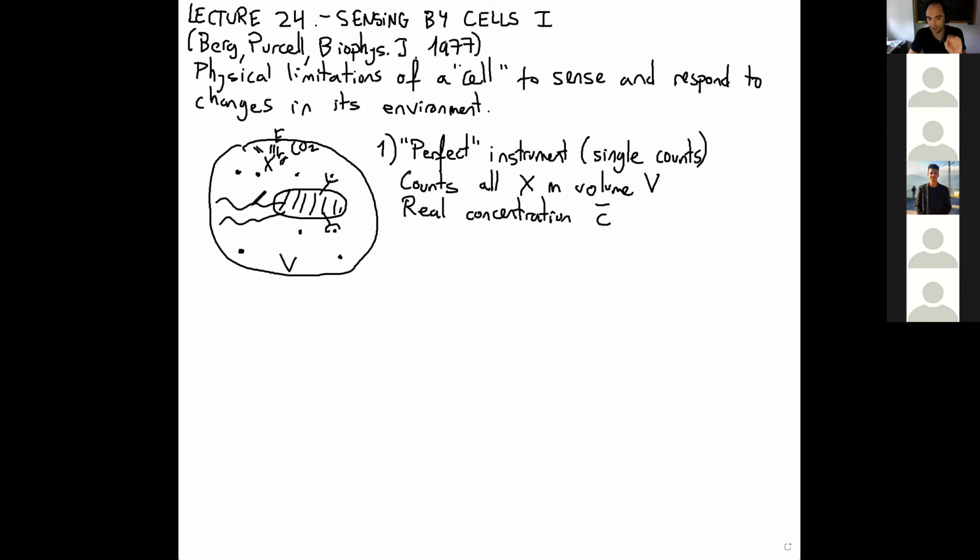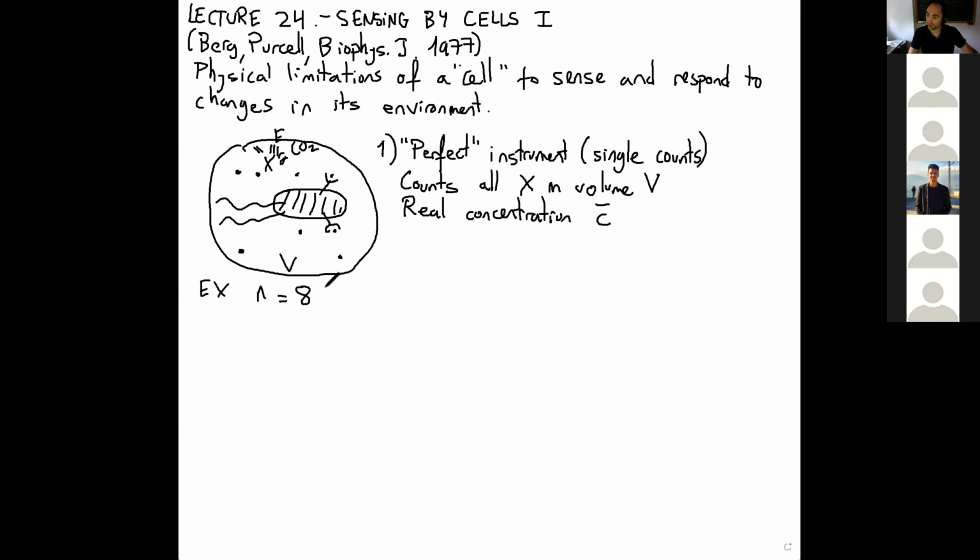Okay. And now the first thing we would like to know, this cell makes a single shot, a photograph, and it counts n. N is the number of molecules in this volume. Here will be 1, 2, 3, 4, 5, 6, 7, 8, for example. This is an example. Of course, if you take a photograph later, or in another moment, there will be fluctuations. So in reality, this will be a fluctuating number.